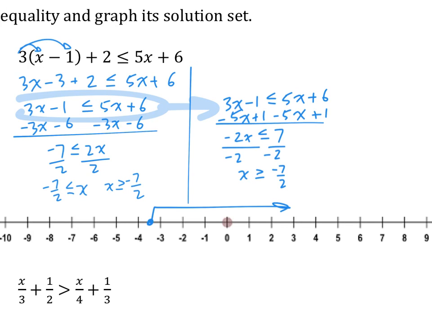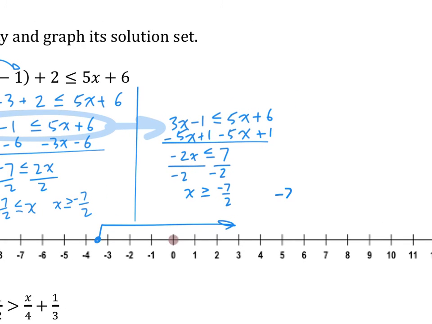So that is my endpoint, the negative 7 over 2. And since I have a closed circle, I'm going to put a bracket that tells me I include that point. And it's towards the right forever, so I'm going to write infinity like this. So that is the interval notation way of writing the answer.